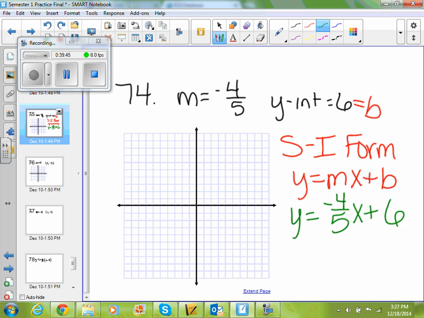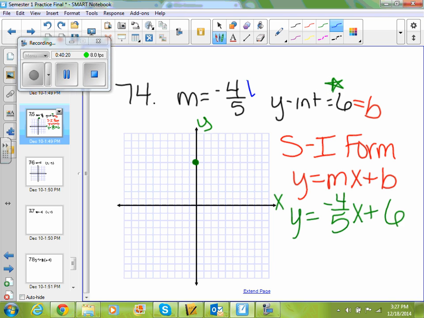We always start with the point we know. So I know that I have a point on my graph at a y-intercept of 6. So on my y-axis, I'm going to go up 6, and I'm going to put a point. The second thing I know is that slope is rise over run.